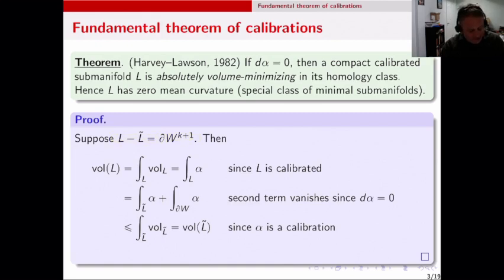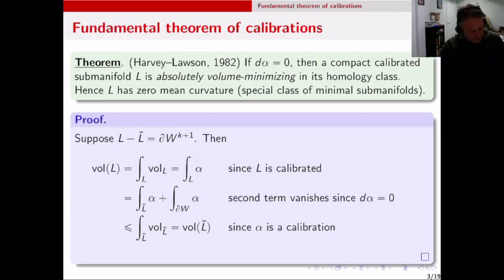And then we just compute, well, the volume of L is equal to the integral of its volume form, and the volume form is the same as alpha restricted to L because of the hypothesis that L is calibrated with respect to alpha. And then we can replace L here by L tilde plus the boundary of W. And so that's what I've done in the second line.